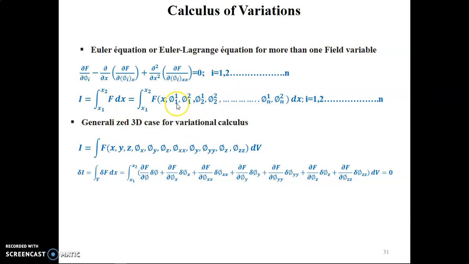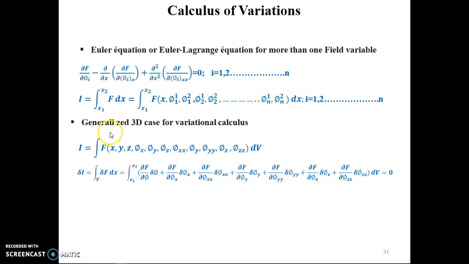Whatever is written in the subscript will denote the number of the field variable, and the superscript is used to define the derivative of the field variable. Hence here it has been depicted as phi 1 of 1, meaning for field variable 1 its derivative is 1. Phi 1 of 2 means for field variable 1 its derivative is 2, and so on. For phi n, this is the first derivative and this is the second derivative.